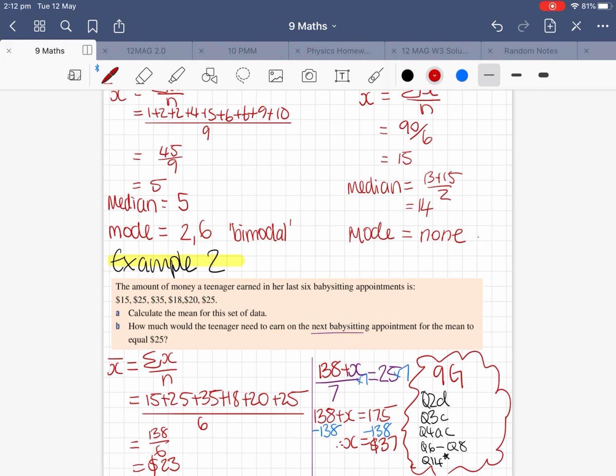Now, ideally, I've run out of space here. We're going to write a sentence answer for this because it is a sentence question. So I'm just going to write it up here beside the question. The teenager would need to earn $37.